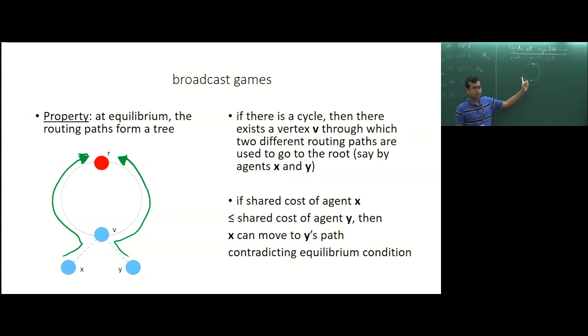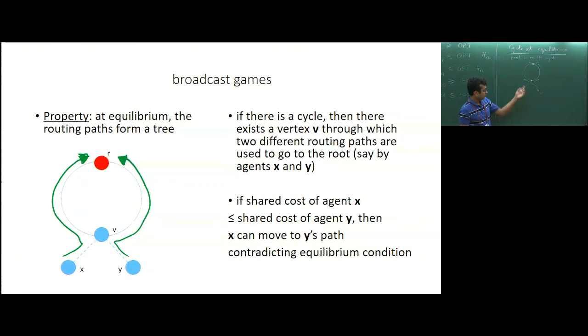If I have two paths going through a vertex, so let's say I have two paths going from source U and source V through this vertex, and then this path takes a different route to the root vertex, this path takes a different route, these two paths take different routes to this destination, then I claim that if I move one of them to the other, it must always be the case that I improve my cost.